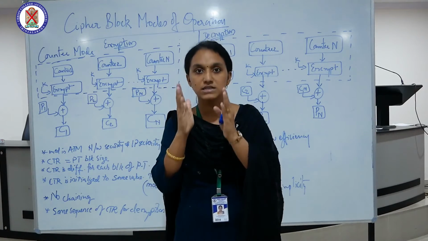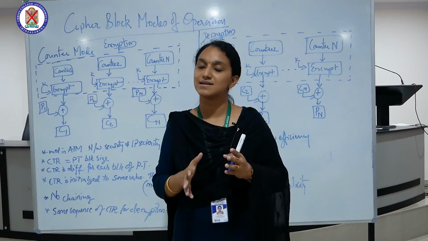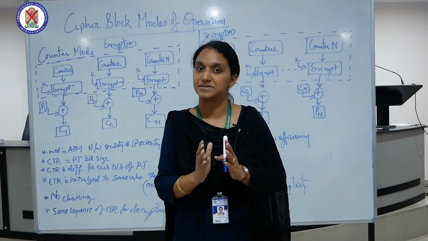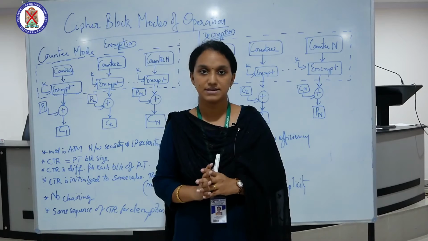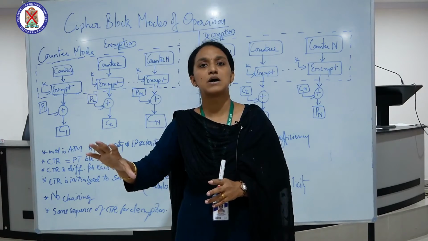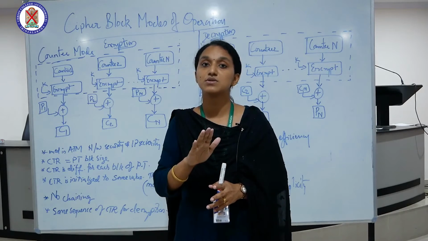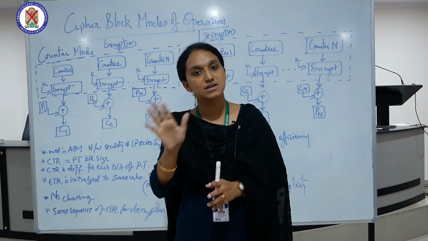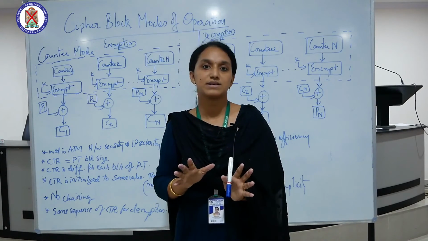Each block is different, so the counter is different for each unit of plaintext, and the corresponding ciphertext unit is generated. The same sequence of counters is used for the decryption process also, and you are not using any decryption algorithm; the same encryption happens.